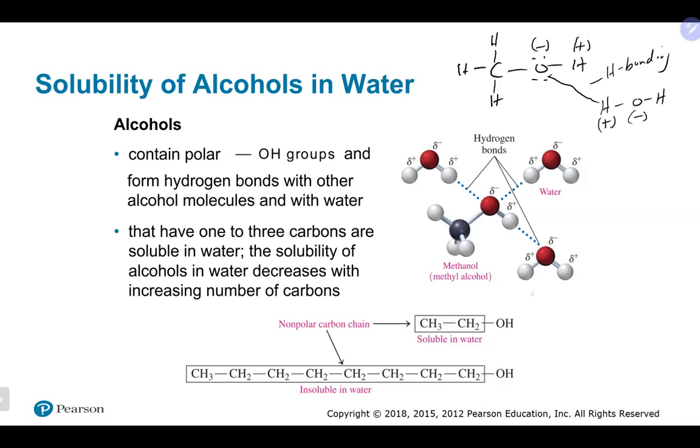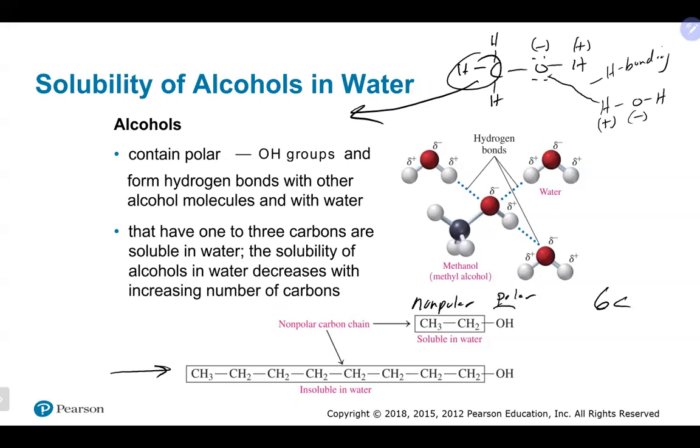As I mentioned before, once you hit about 6 carbons or more, like something that we have down here, this becomes very insoluble in water. It's really because these alcohols have 2 parts to their molecules. They have a non-polar part, which is where all the carbons and hydrogens are, and they have this polar part.